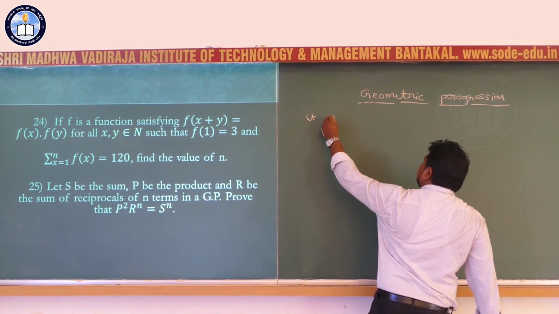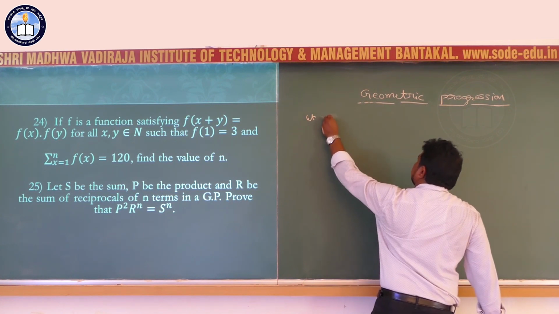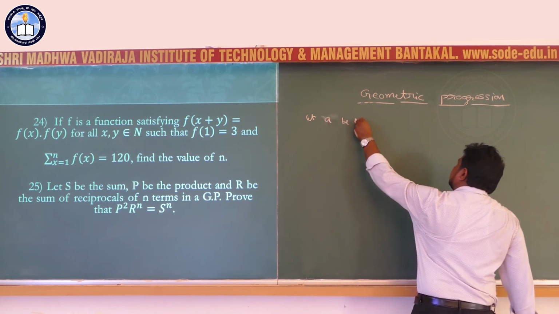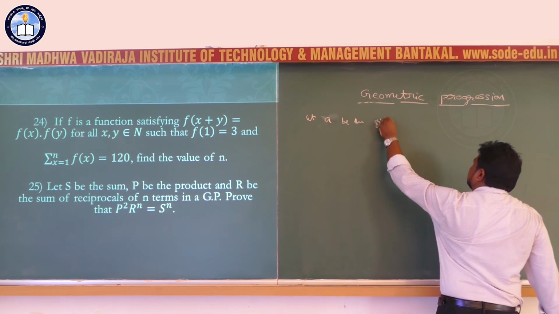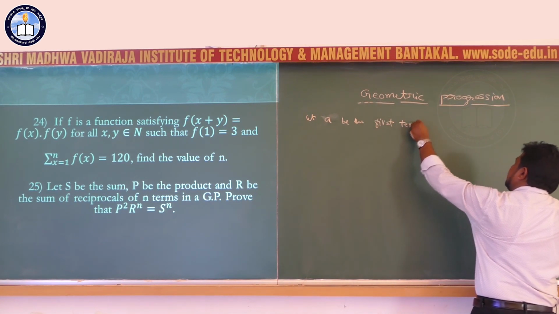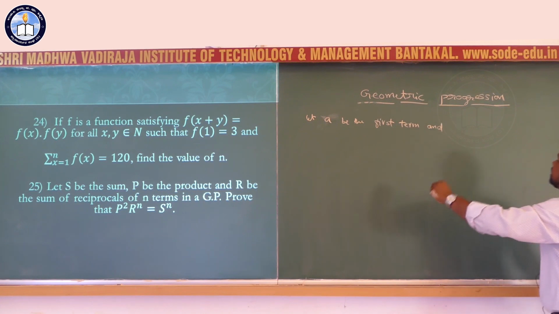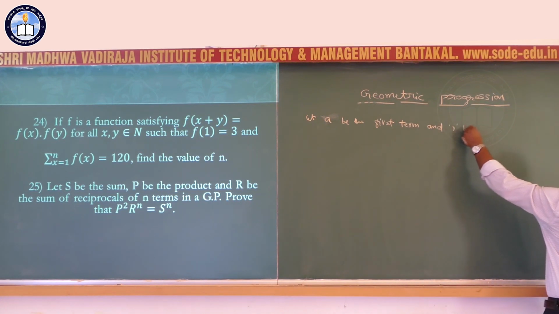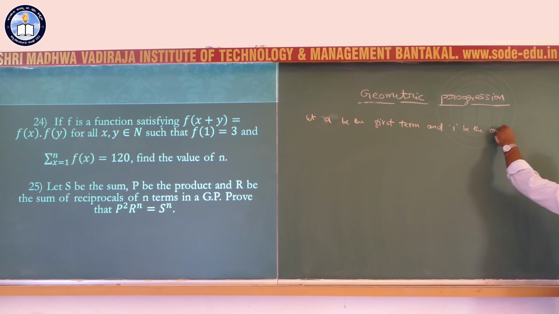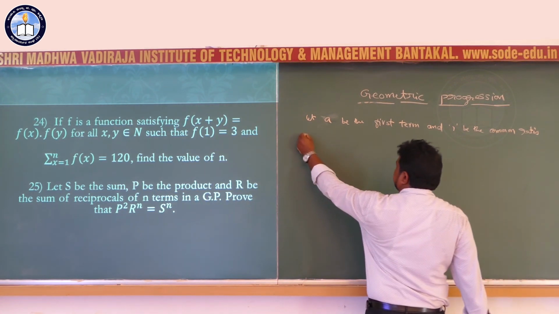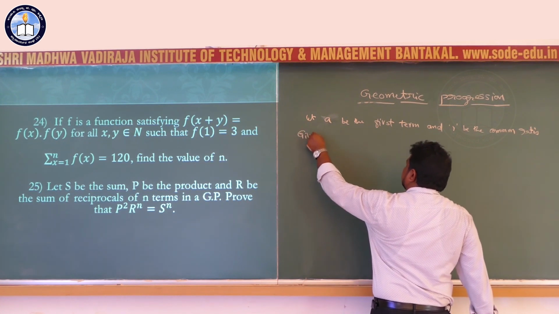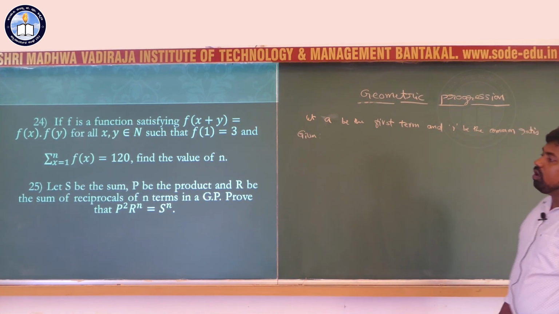Let A be the first term and r be the common ratio of the GP. Given the sum of first n terms as S.